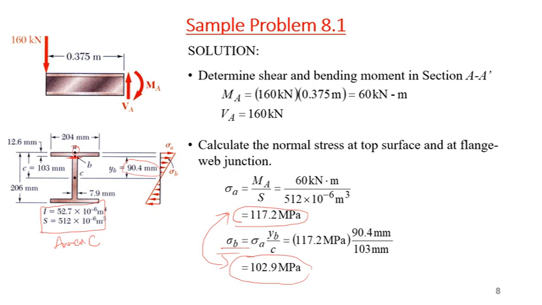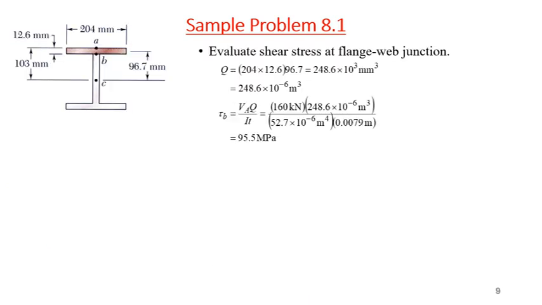Now if you look at the shear stress at B, obviously at A, what happens? Q will be 0 at A, so tau A will be 0, so there is no shear stress at the top surface. But if we calculate at B, tau B is equal to VQ over It.